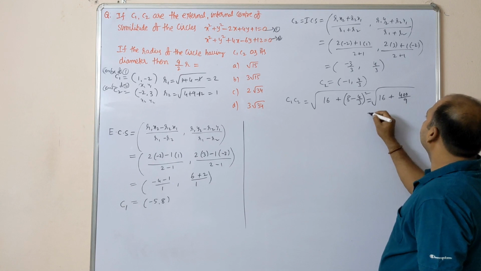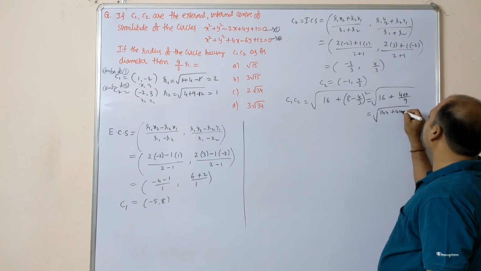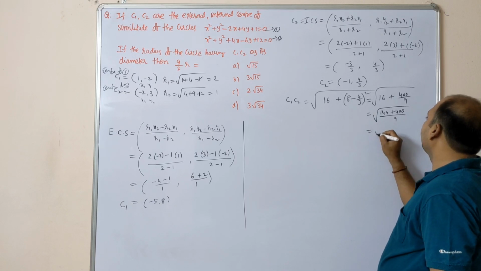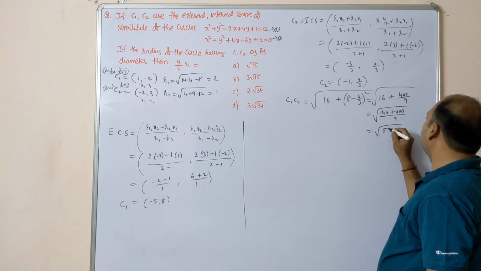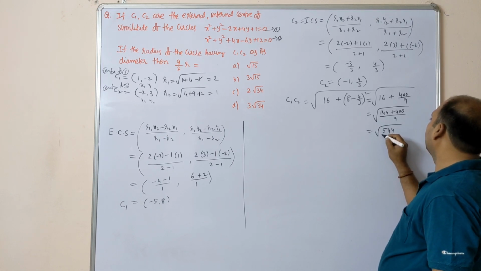So root over (144 plus 400) divided by 9, root 544 by 3.